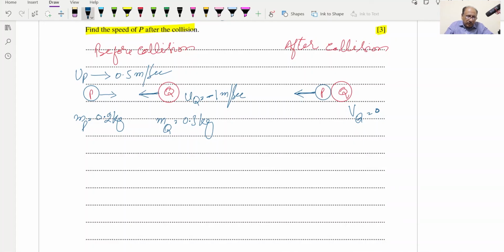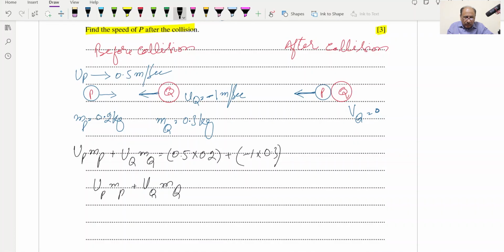Momentum before collision will be UP MP, the momentum of P, plus UQ MQ, the momentum of Q. So this will be 0.5 times 0.2, plus minus 1 times 0.3.